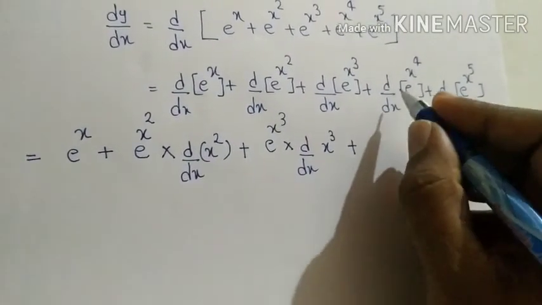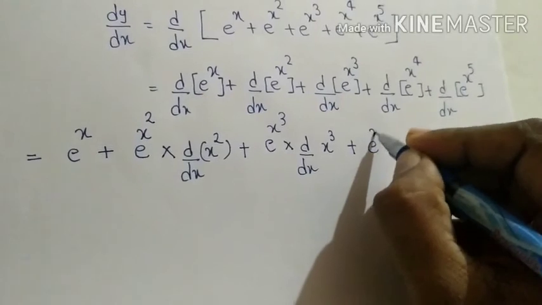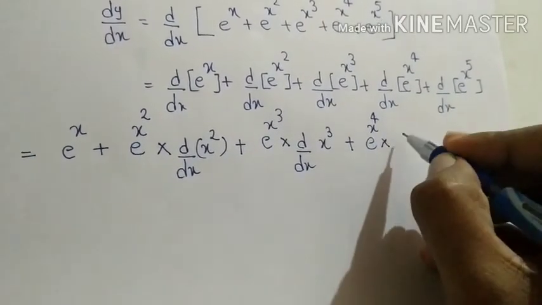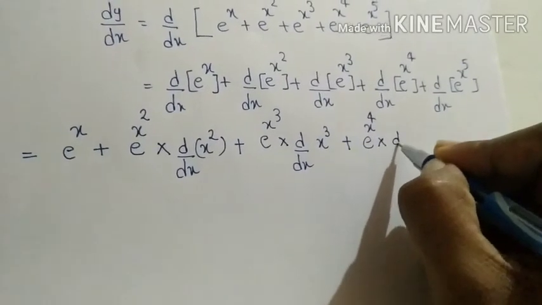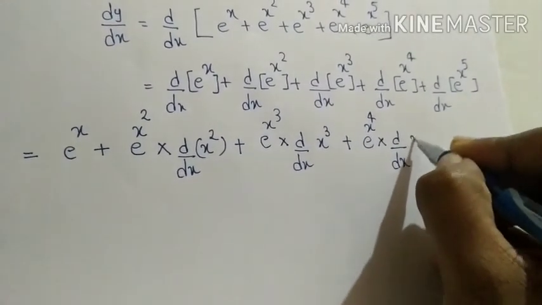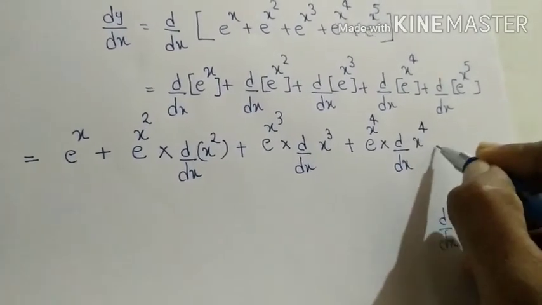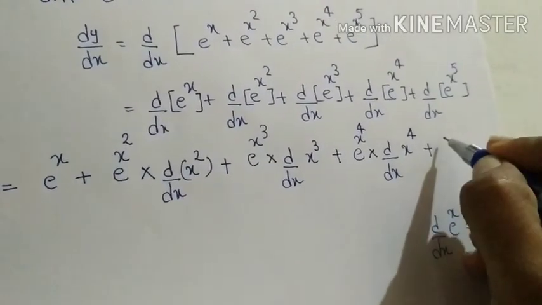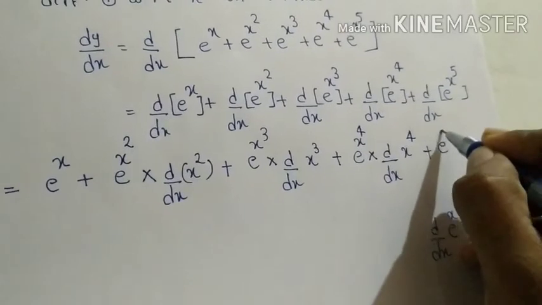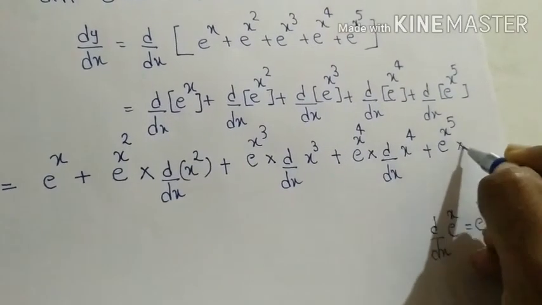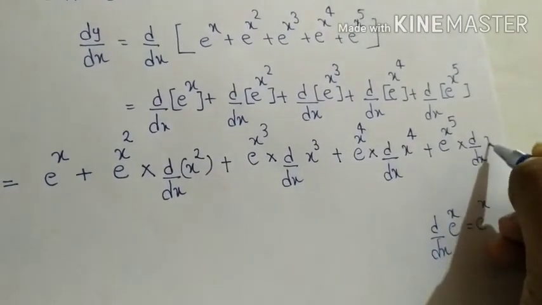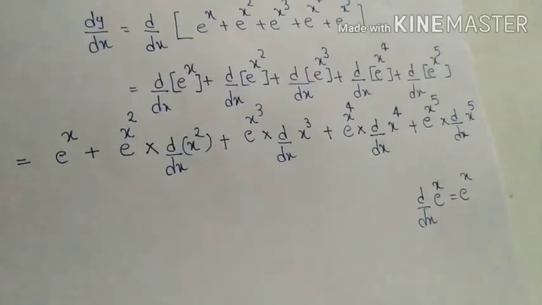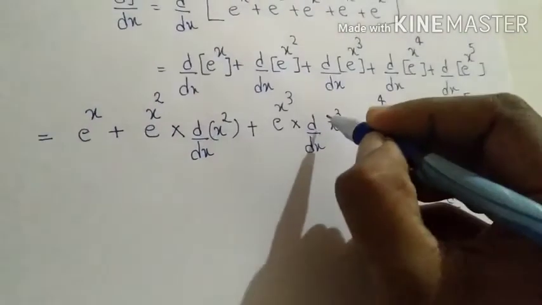Similarly, here we get e raised to x raised to 4 into the derivative of x raised to 4, as x raised to 4 is another function, plus in the next case also we write x raised to 5 and the derivative of x raised to 5.